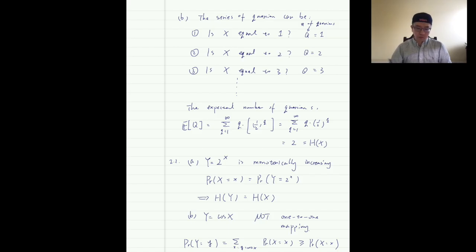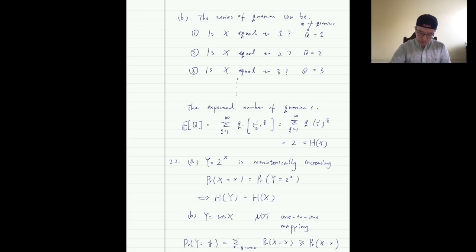Okay, so in this case, we can compute the entropy of y. That is the negative sum over y of py log py. Now remember, notation wise, this is py and this is px, right?